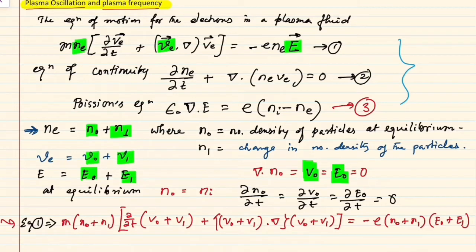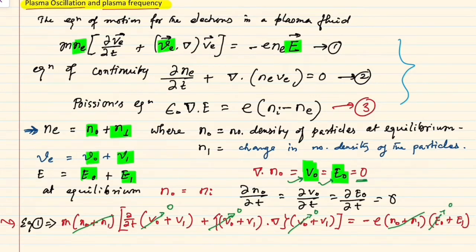Now from both sides you can cancel these terms. As I have already told you, V naught and E naught are equal to 0, so these terms are equal to 0.